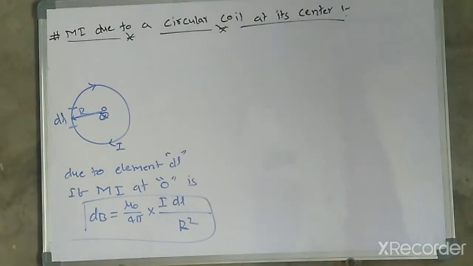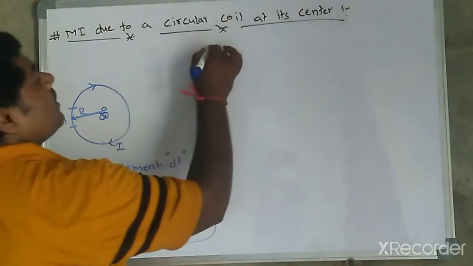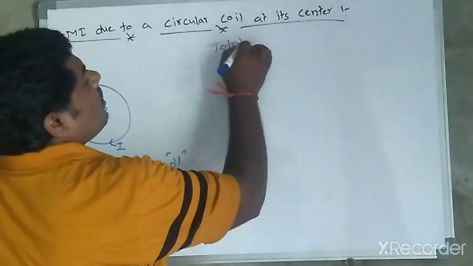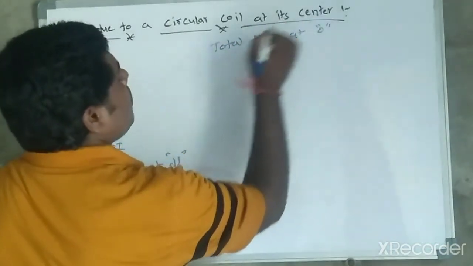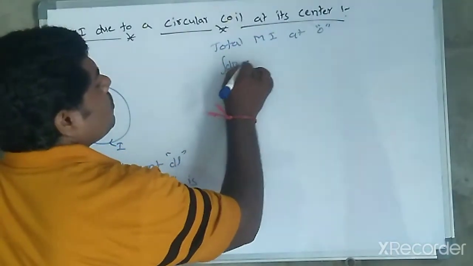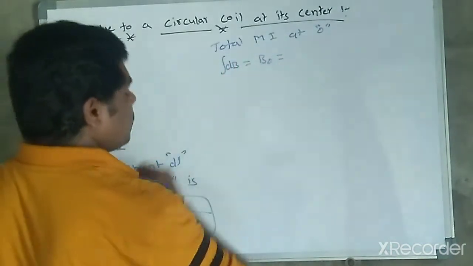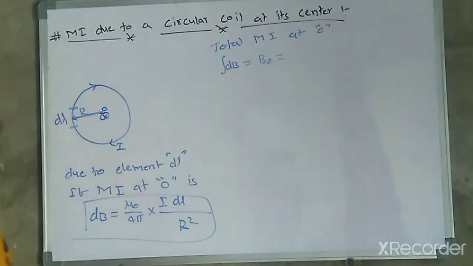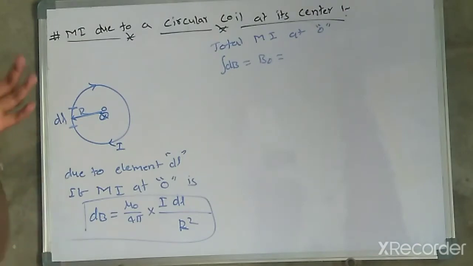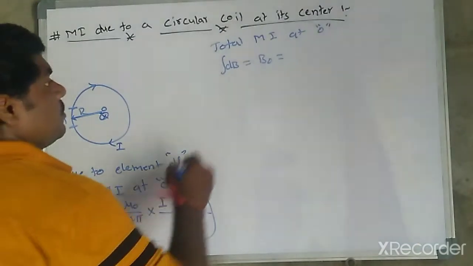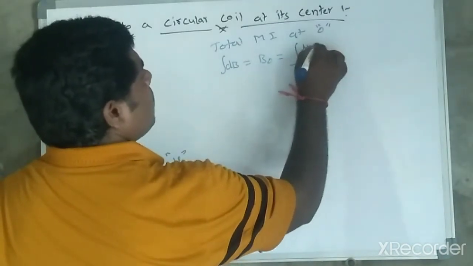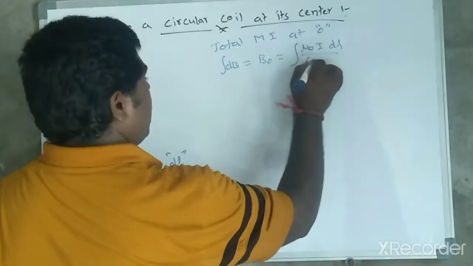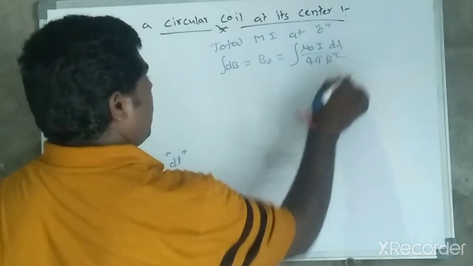If we want the total magnetic induction at O, integral dB is equal to B naught, the magnetic induction at the center of the coil, is equal to integral mu naught I dl divided by 4 pi capital R square.